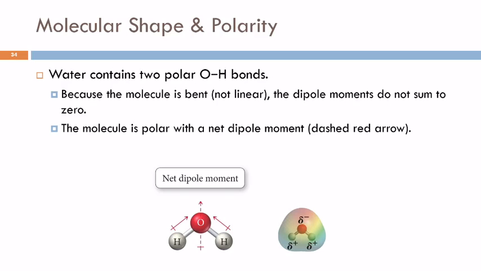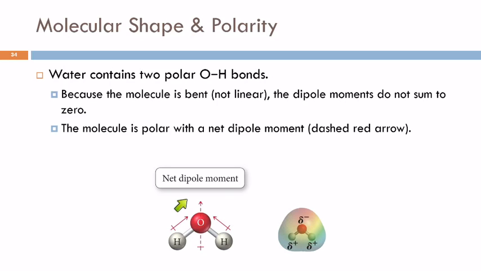Let's look at water. So here's the shape of water. It has a bent shape, right? That's because of the two lone pairs on the oxygen. Each of these bonds is a polar bond. Hydrogen is less electronegative, oxygen is more electronegative. So the oxygen pulls on the electrons. The electrons are not shared equally.